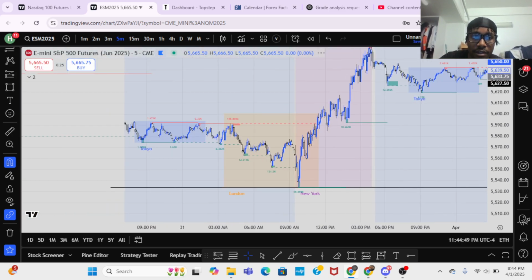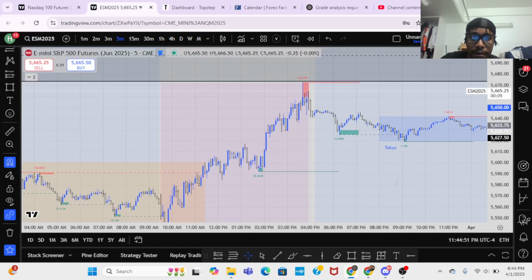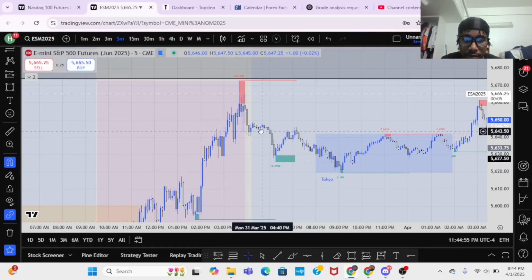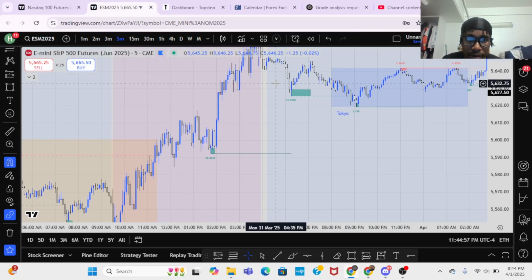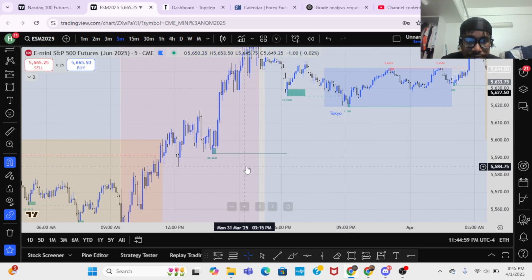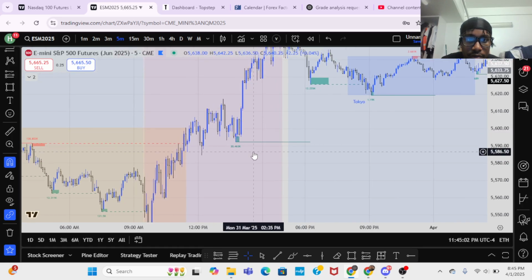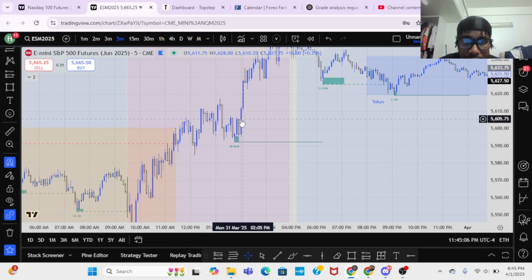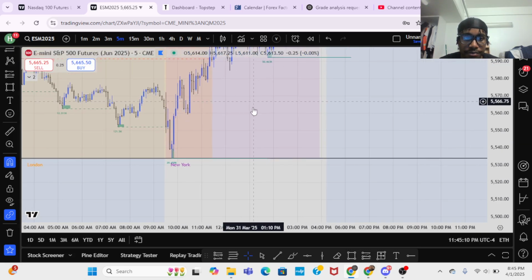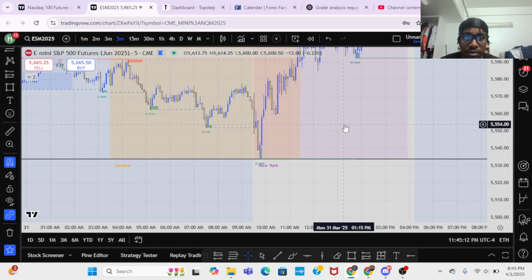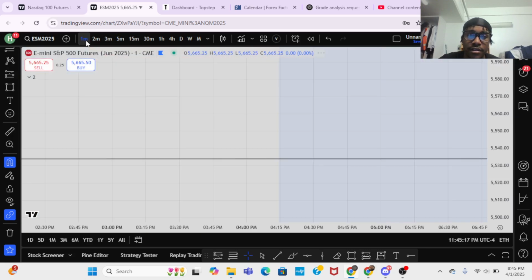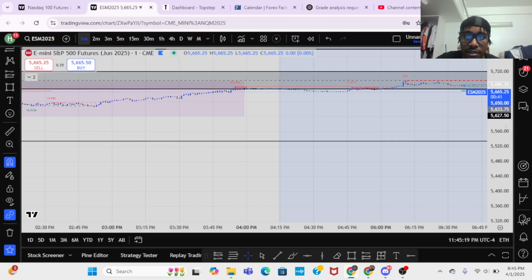So we had that change in state of delivery, and then I expected us to go up higher, and we did go up higher. This here is it, this was going to be my change in state of delivery right there, and then we went up higher. Oh wait, no, it wasn't that high, it was somewhere around here. I'm going to stick to the 1 minute because that's where I took the entry and I know what I'm looking at.